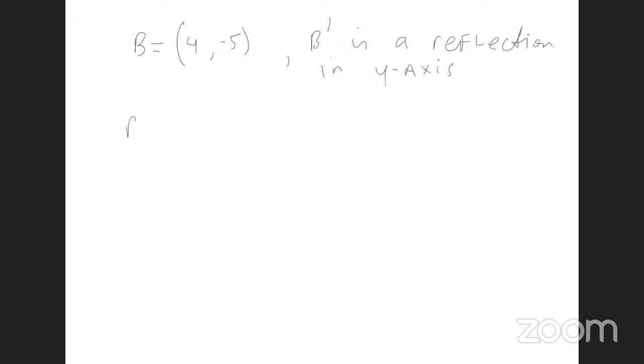So p prime is, what are you multiplying it by? Look for the words reflection in the y-axis, and let's follow the matrix.